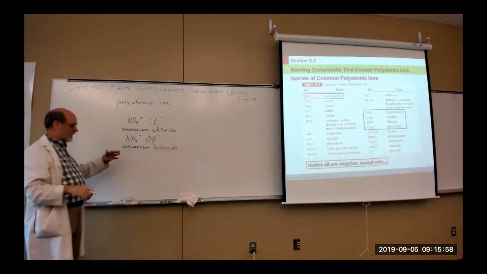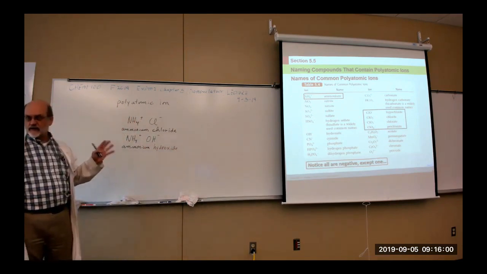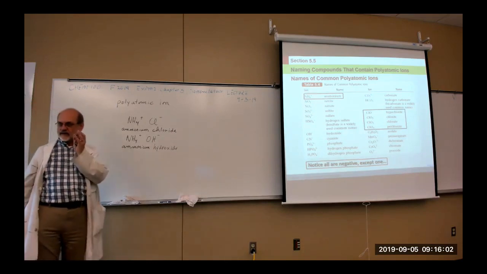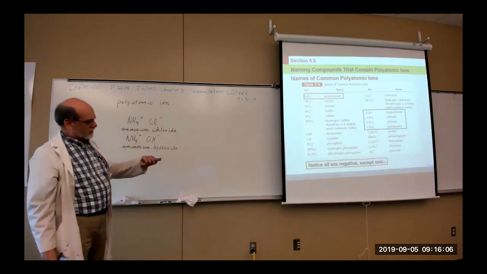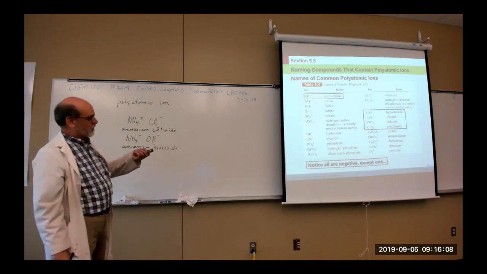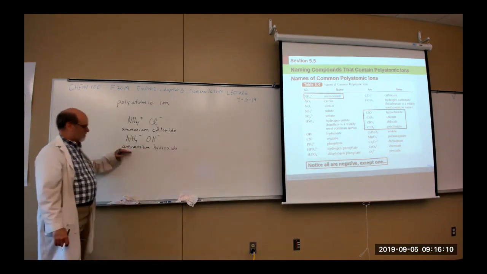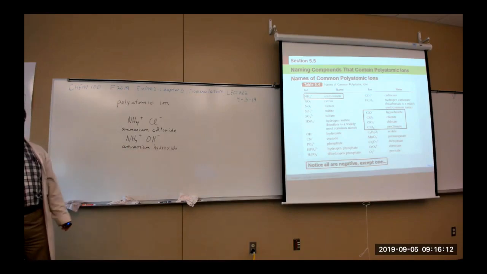We don't have to change the names in any way because with polyatomics, the name is fixed, just like the charge. So there's hydroxide and there's ammonium. That's our compound.